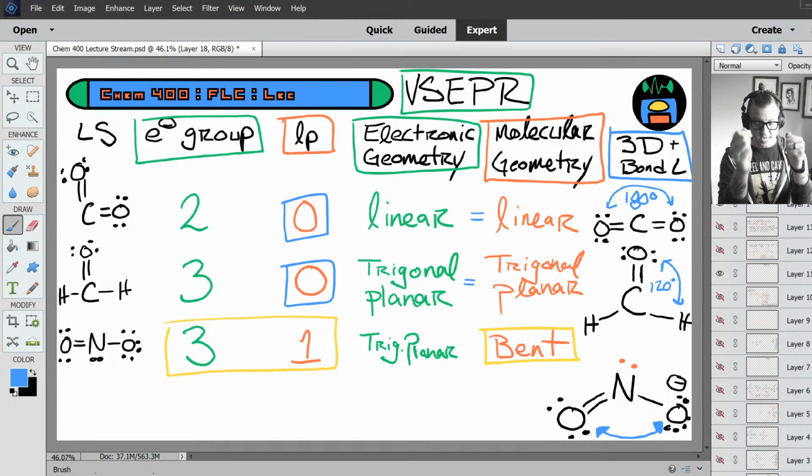But when you take that second nucleus away, the electrons are spending all their time around the one nucleus, and they push harder, they pinch down on the bond by 2 degrees. So instead of a pure 120 degree bond angle, the bond angle here is 118, all right? It's pinched down 2 degrees. It's slightly smaller than a pure trigonal planar geometry. All right, so when you're trigonal planar and bent, your bond angle is 118 degrees. All right? Okay.